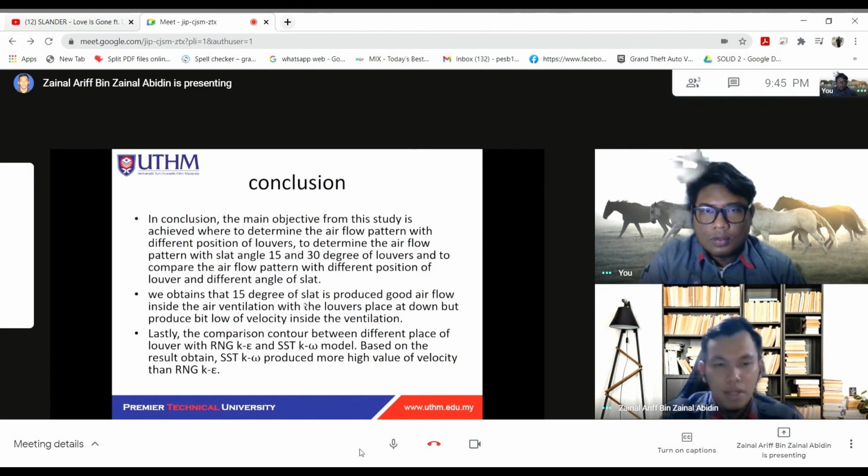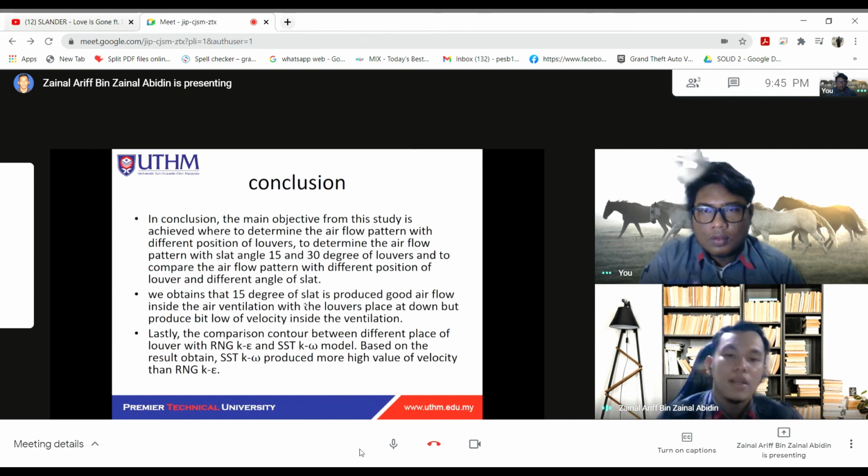And lastly, we achieved the objective to compare the airflow pattern with different positions of the louver and different slant angles. Based on this study, a 50 degree slant produces good airflow inside the air ventilation with the louver placed at down, but produces a bit lower velocity inside the air ventilation.